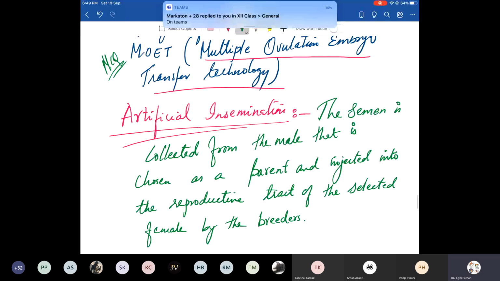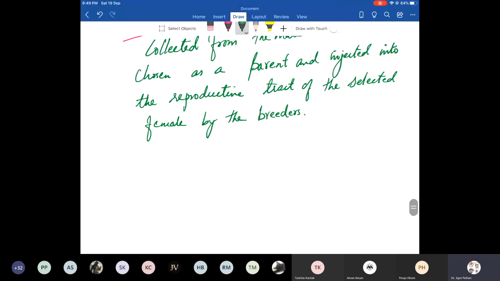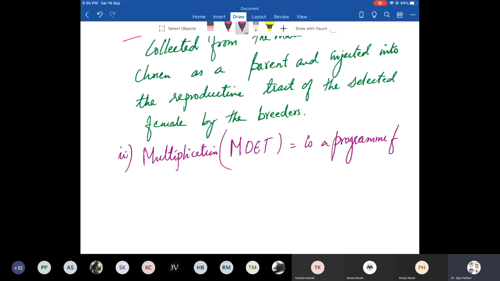Let us write down multiplication. I'm just writing MOET is a program for herd improvement.